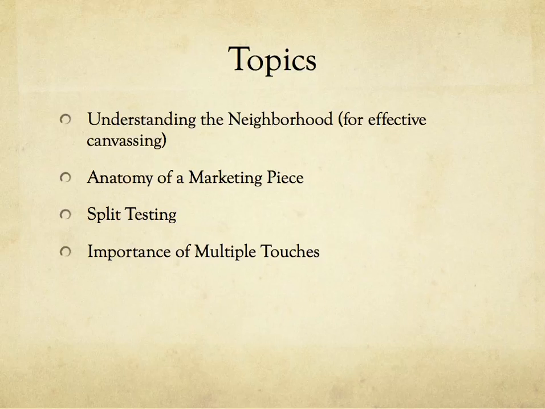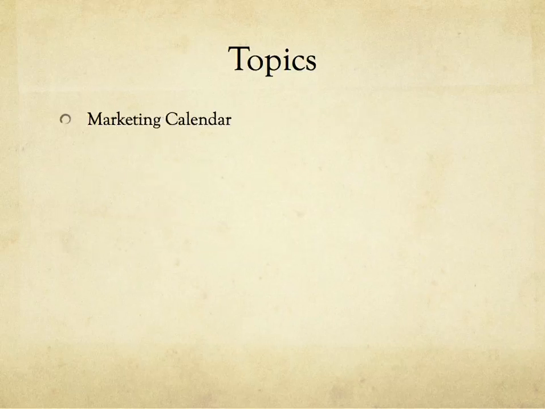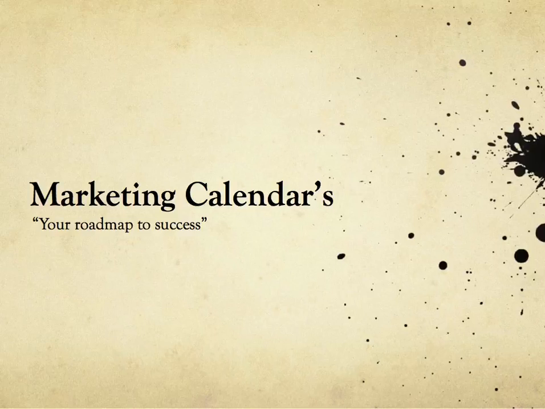So we've talked about all of those things, but now I want to talk to you guys about the actual marketing calendar. And what this really is, guys, is your roadmap, okay? This is really, in a lot of ways, the document that you're going to use to put together up front so that you really know what you're doing along the way and you're not completely making it up as you go along.